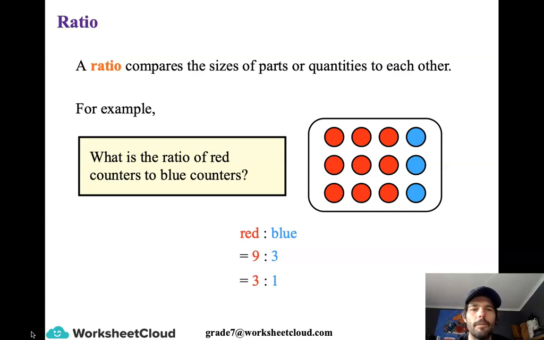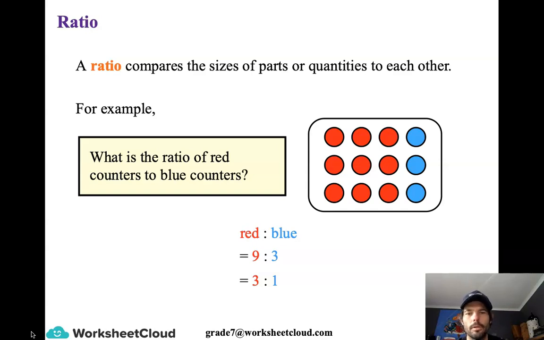Now the way we simplify that is very similar to the way we simplify fractions, in that we look for the highest common factor that goes into both 9 and 3, and that is indeed 3. So both 9 and 3 can be divided by 3. 9 divided by 3 is 3. 3 divided by 3 is 1. So your simplified ratio of red to blue is 3:1.